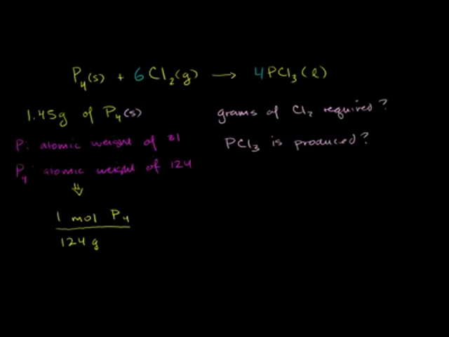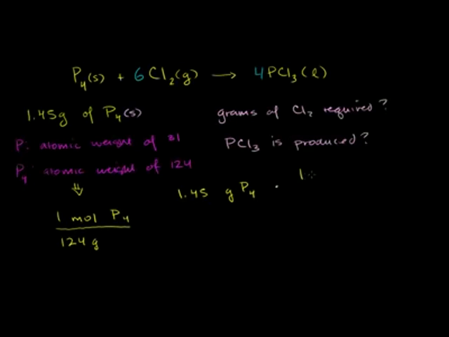So let me start over here. So we have 1.45 grams of molecular phosphorus, each molecule containing 4 atoms. And we can do a little dimensional analysis, make sure everything cancels out, times this information right here.